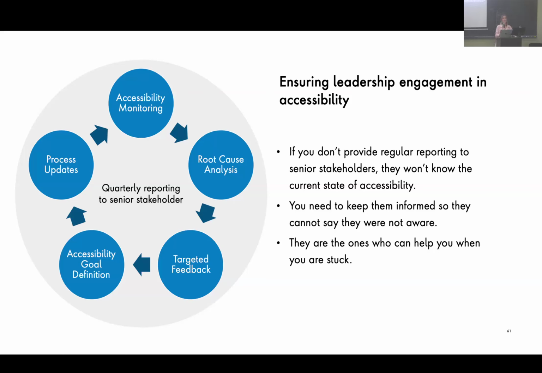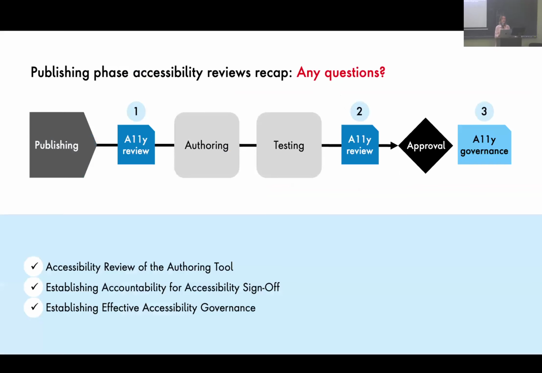They didn't get fixed last month, they didn't get fixed this month, then some stakeholder is going to wake up and say, hey, wait a minute, what's going on with these high severity issues? I'm sick of hearing about them. Let's get it done. And then because they said so, it'll get done, okay? So that was our publishing phase accessibility reviews.